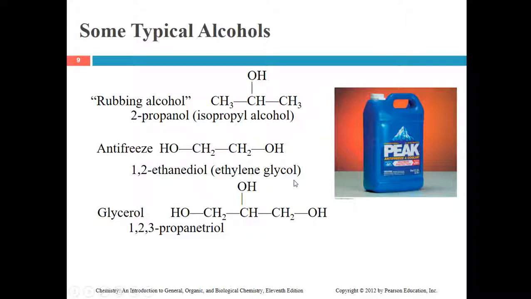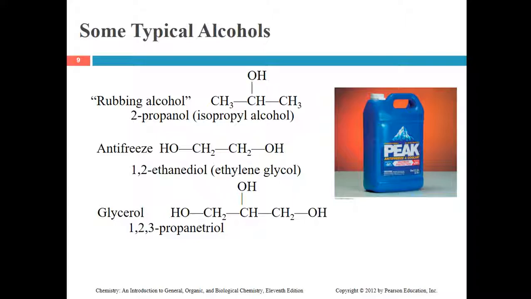Or it may be a 3-carbon diol, meaning 2 alcohols, in which case they are going to be naming it propylene glycol. So you should look at your antifreeze bottle, the bottle of stuff that you put into your radiator. You'll have ethylene glycol and propylene glycol. That will be some of the major ingredients that you're putting in there.